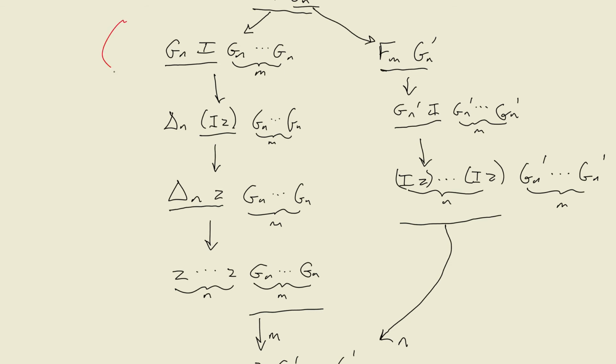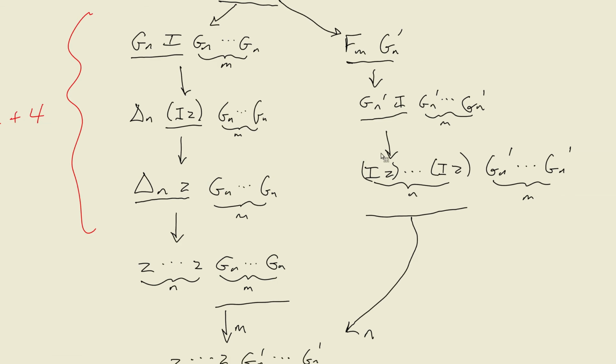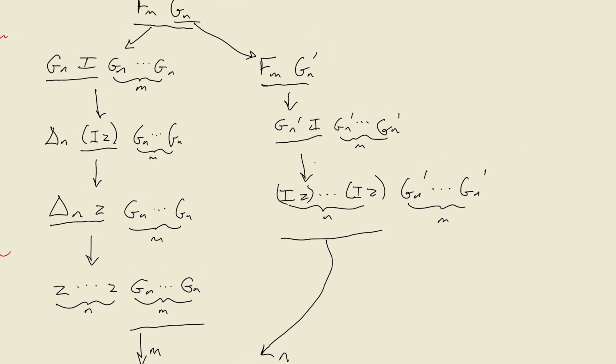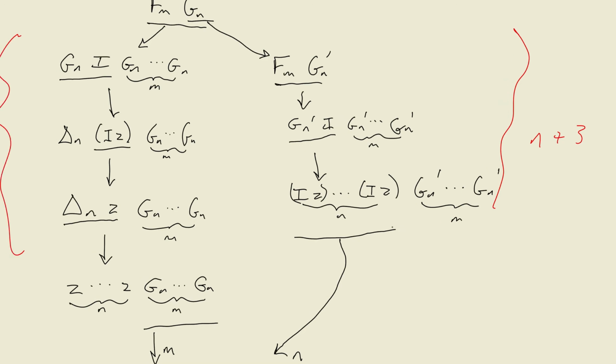So this is length m plus 4. And over here it's 1, 2, 3, and then n. So this is n plus 3. And this is supposed to show you that depending on what the parameters are, it would be better to take the one path or the other path.